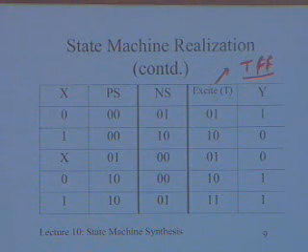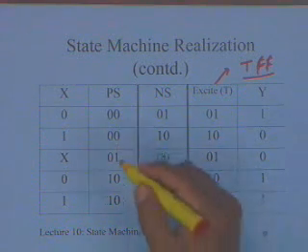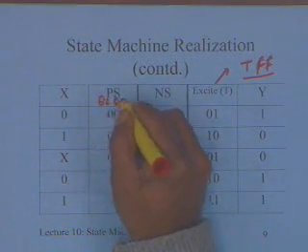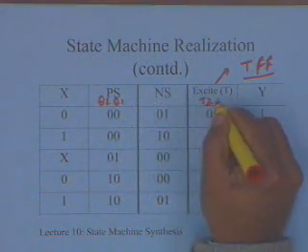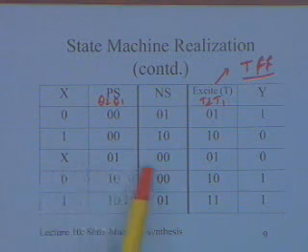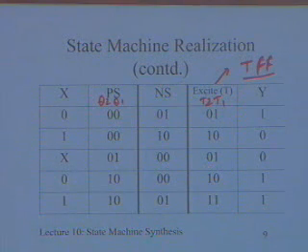And the 2 flip-flops will require 2 inputs, T1 and T2. So in this case, the state that is coming out of them is Q2 and Q1, and what I require is T2 and T1. What it is showing you is basically a state transition table, just like you have the state transition diagram.